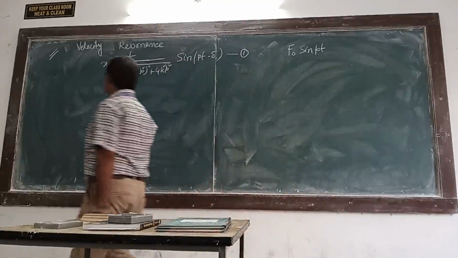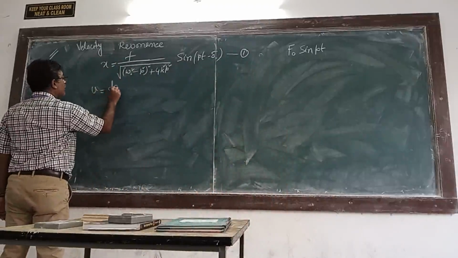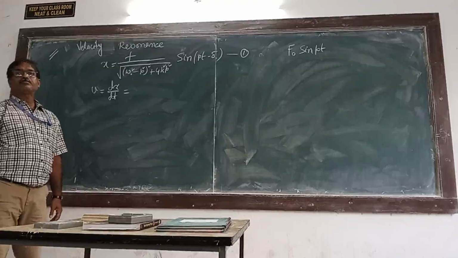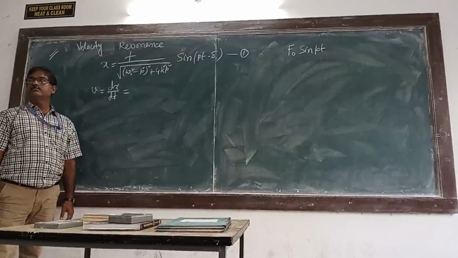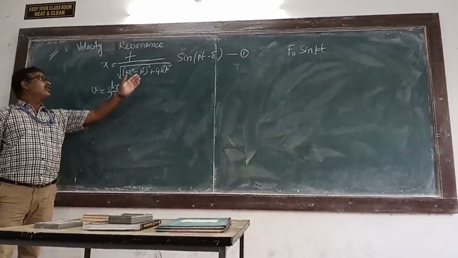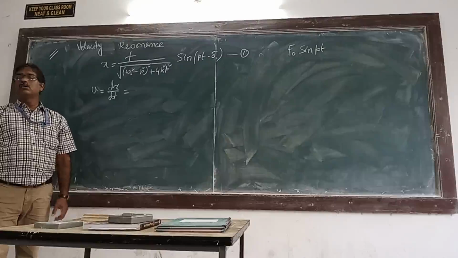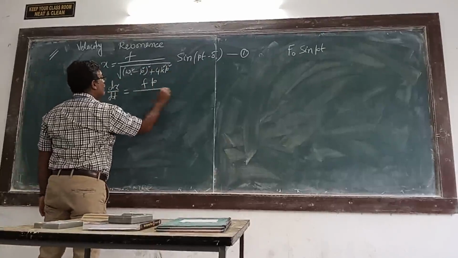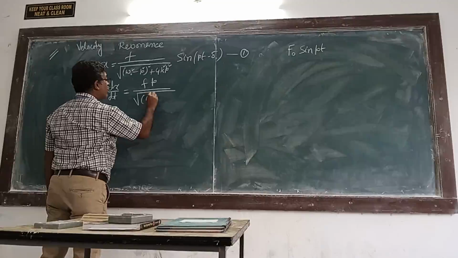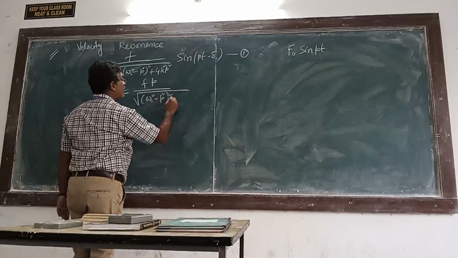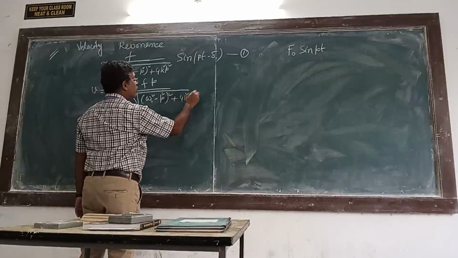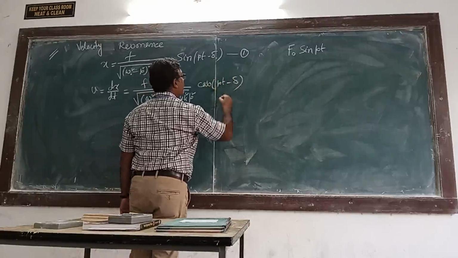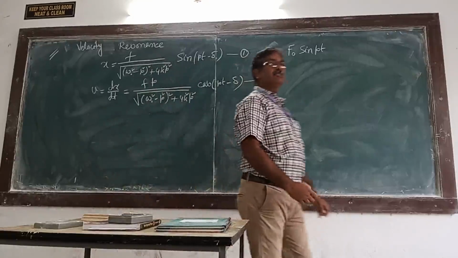Therefore, the velocity is v equals dx by dt. Here delta is constant, so only the differentiation of this one: it becomes F P by root over omega naught square minus P square whole square plus 4k square P square, into cos Pt minus delta. This is the velocity.